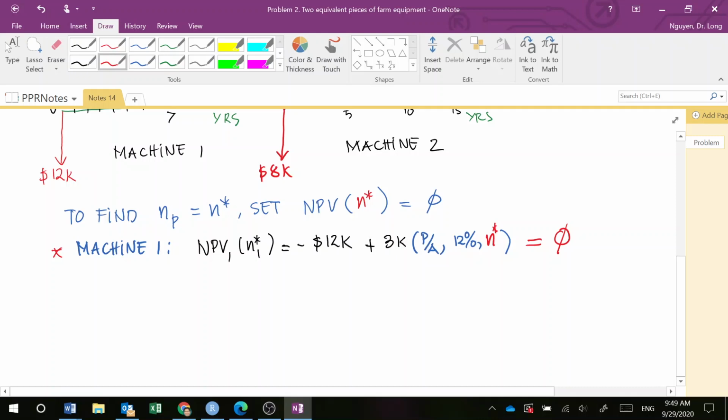So let me write it down here. It equals negative 12,000 plus 3,000 times the factor P over A, 12%, N star.